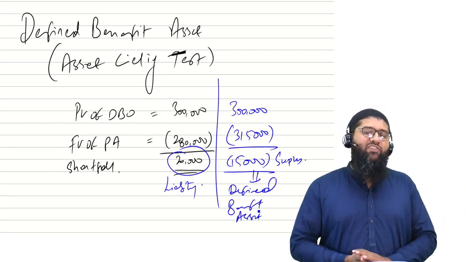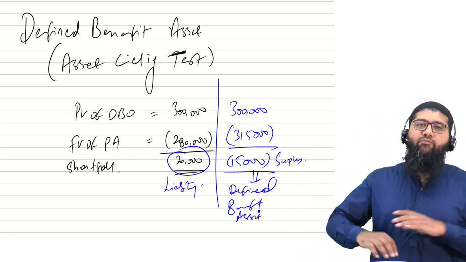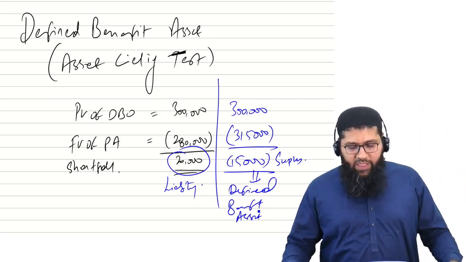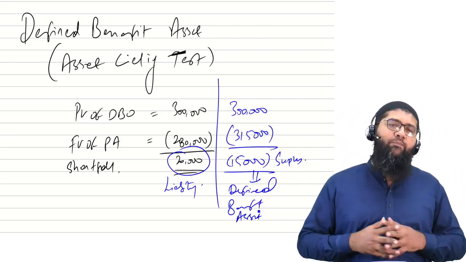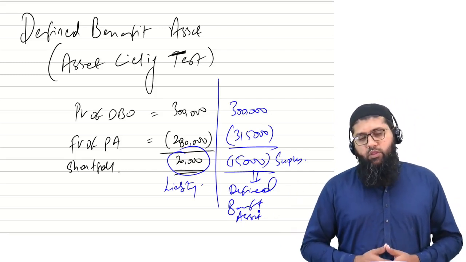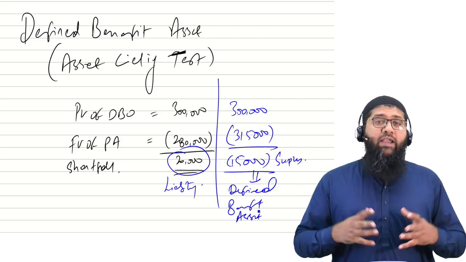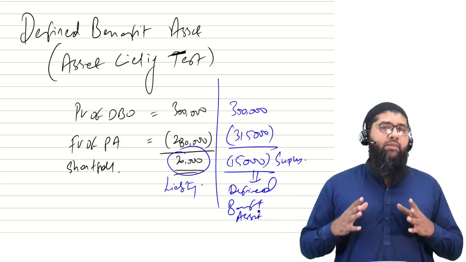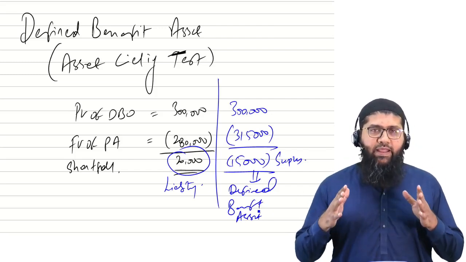There could be a situation where you can end up with a surplus. So if you end up with a surplus, that's termed as defined benefit asset.